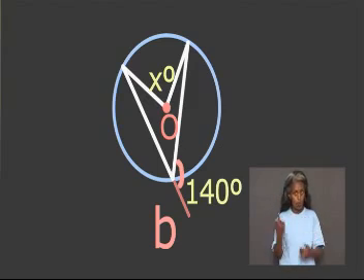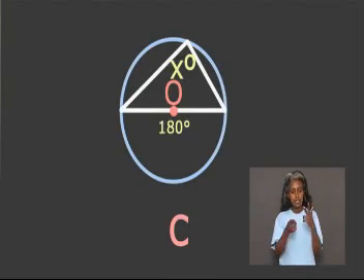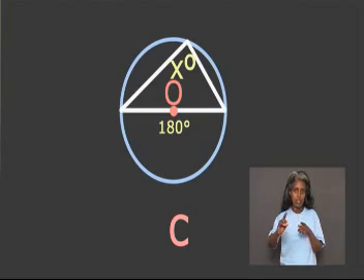Now we know that the inscribed angle is 40, so x equals 80. In the third example, remember that a straight line can still be an angle. It is 180 degrees. Therefore, x equals 90. In fact, an angle inscribed in a semicircle is always a right angle.